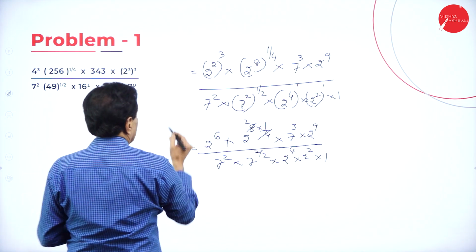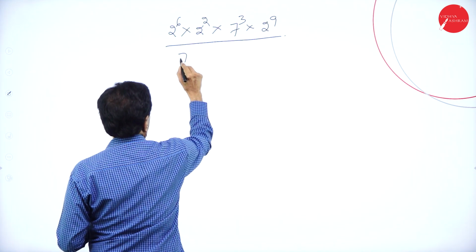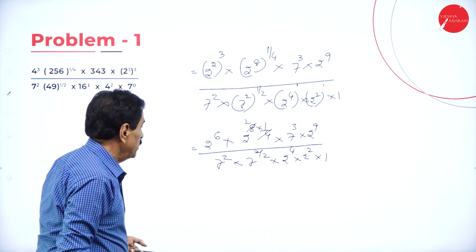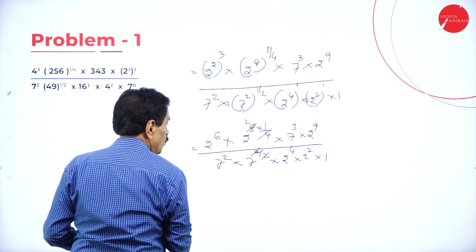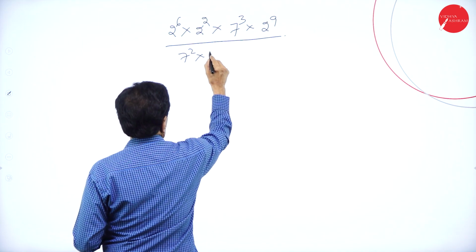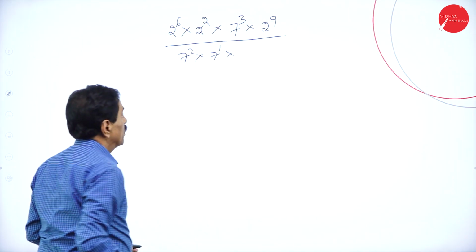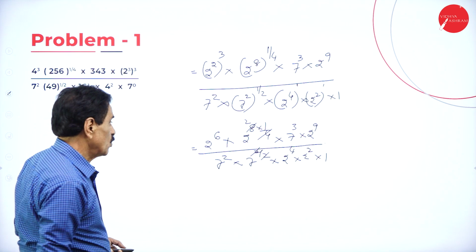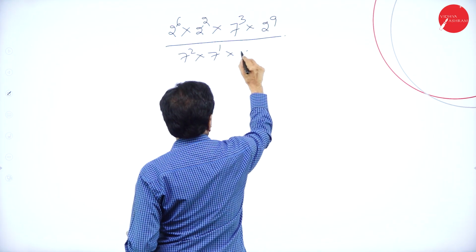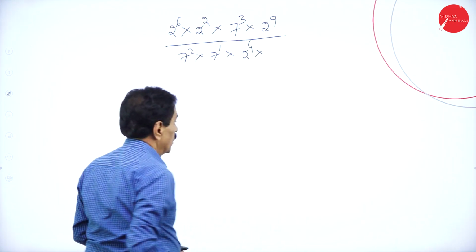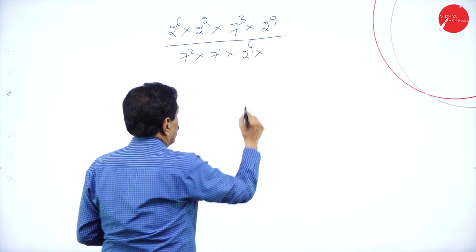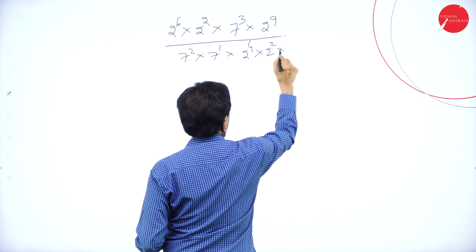Then 7 square. Then 2 ones are 2. This is 7 to the power of 1 into 2 to the power of 4. 2 to the power of 2 into 1.